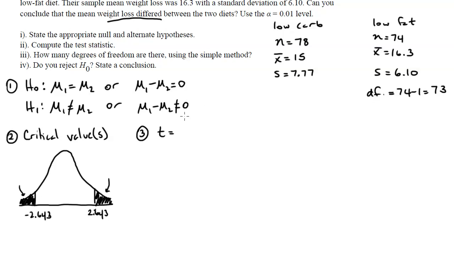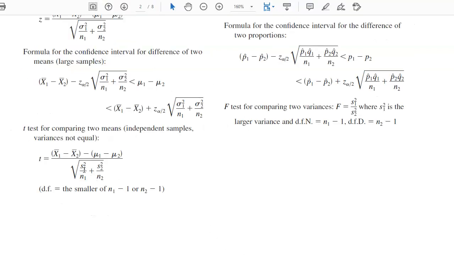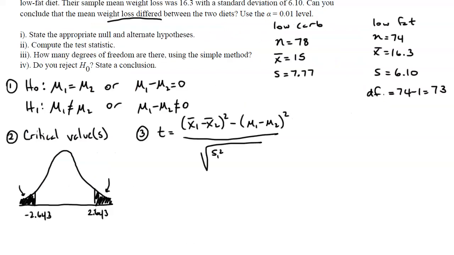So T equals x bar 1 minus x bar 2 minus mean 1 minus mean 2 over the square root of S1 squared over N1 plus S2 squared over N2. The numerators are not squared. Let me peek back. Yep. Okay.